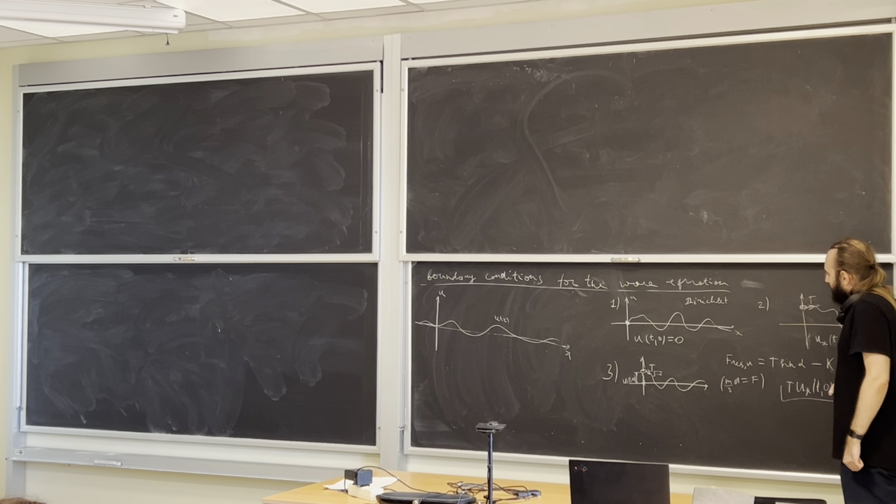We need to try to construct u of t and x such that u of t and minus x equals minus u of t and x.